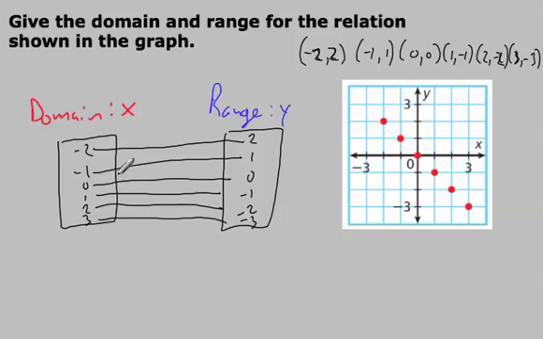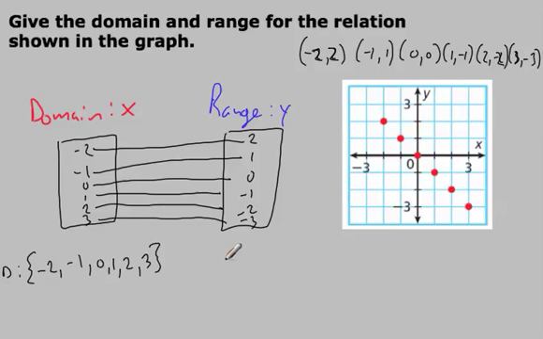Another way that we could arrange our domain and range is using roster notation. We list all the possible domain values, -2, -1, 0, 1, 2, 3. And again, because these are individual points, I only want to include these individual points. So roster lends itself nicely to show the domain.